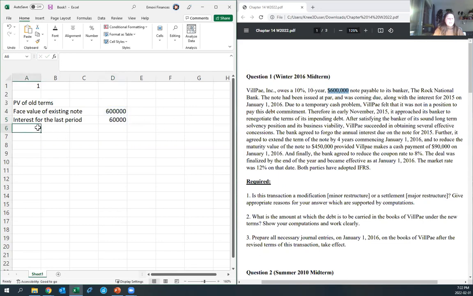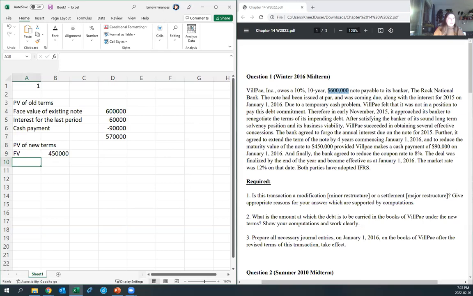And we're also going to reduce it by our cash payment of 90,000, because you can either put it here or in the present value of the new terms by adding it. But I prefer to use it in the old terms. I find it easier to visualize. So that's going to give us a present value of 570,000.